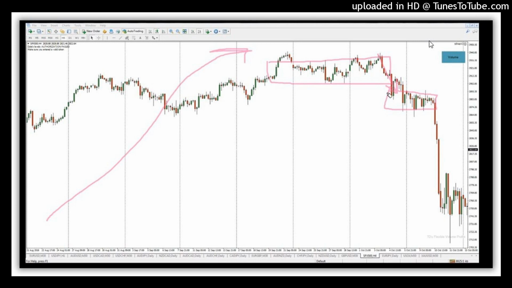What is also worth noticing is this rejection of higher prices. And as you can see, this resistance worked as a support when there was the pullback. Afterwards, there's a weak high.